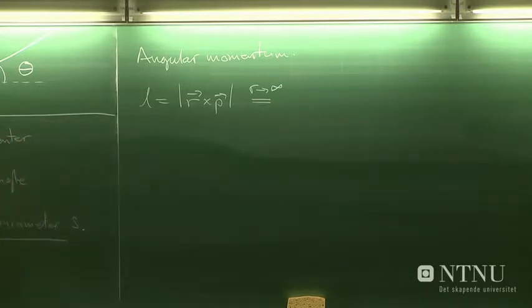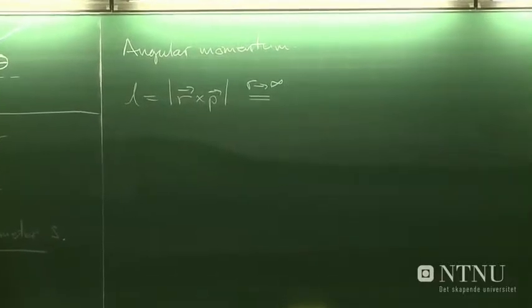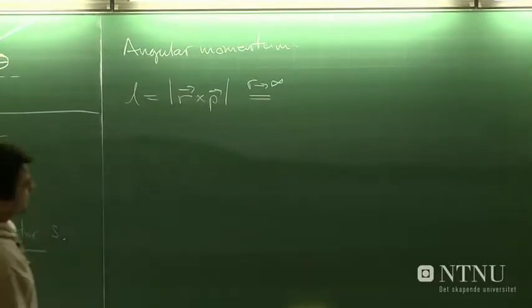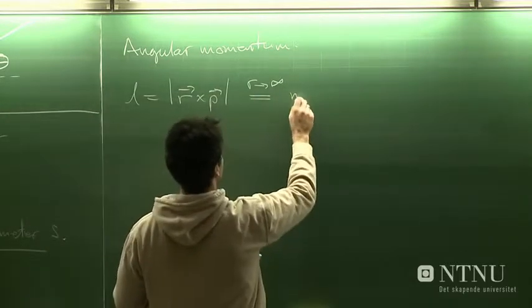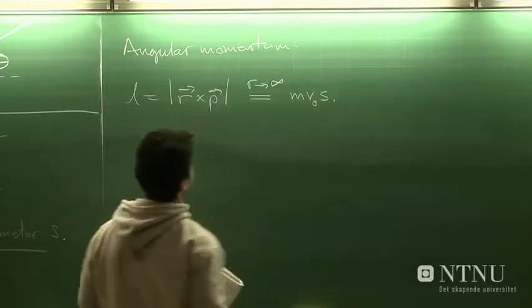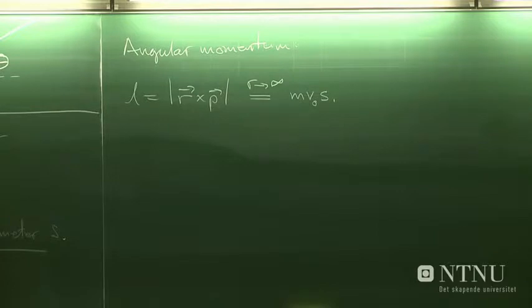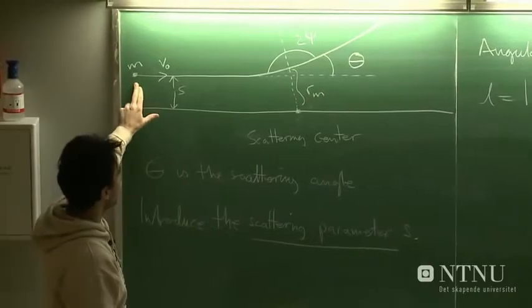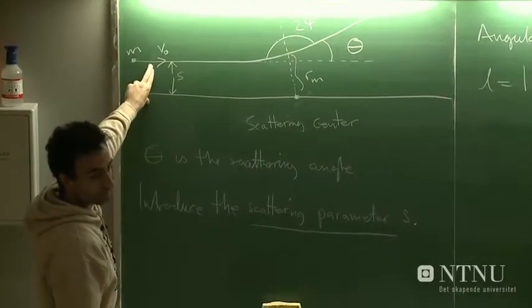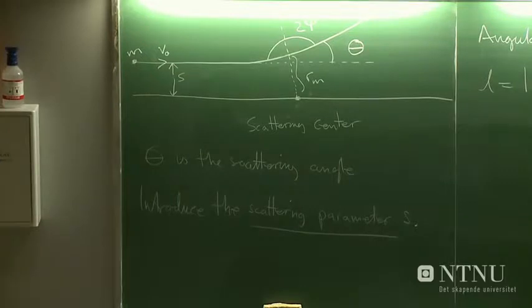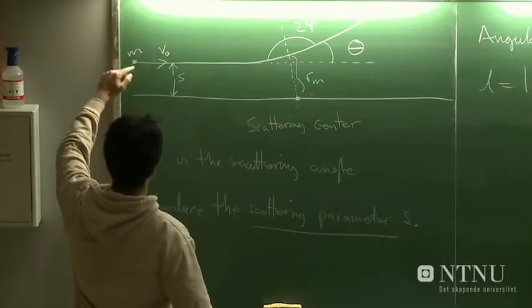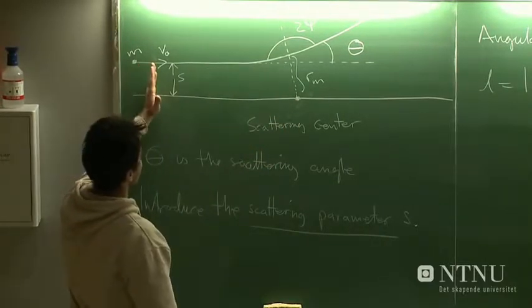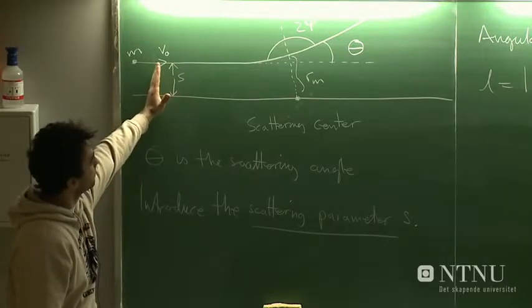So we only need to evaluate it at some point in order to know what it is at all points. For instance, as r goes towards infinity, we can see upon inspection of this figure that the angular momentum is given simply by the momentum m v0 multiplied with s. You have r here, and you have momentum here, and so s is the component perpendicular to p.